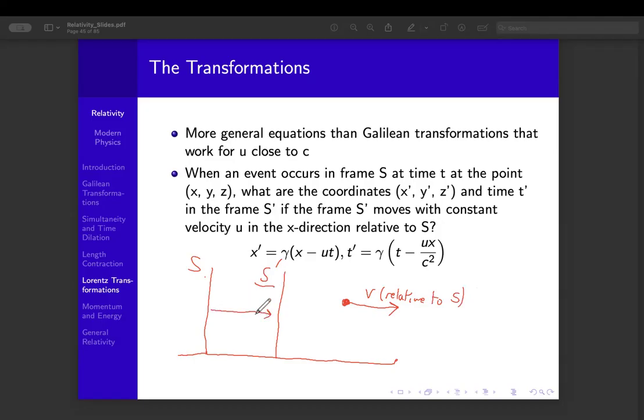Remember, S prime is moving at a velocity of u relative to S. How you can do that is you would be looking for the velocity v prime. So what is the velocity of this thing relative to S prime? Well, you could probably figure it out quite nicely. It's just going to be equal to delta x prime over delta t prime. And if you solve for that, you end up getting a pretty nice equation in terms of v and u.